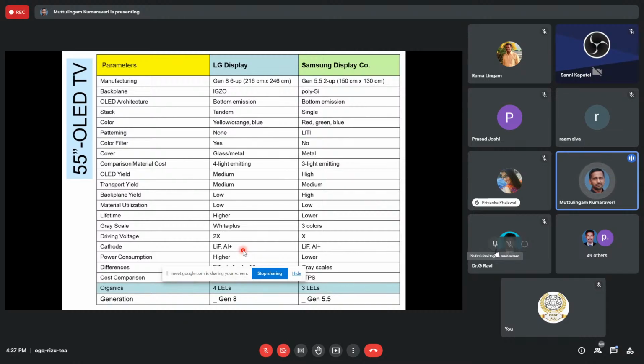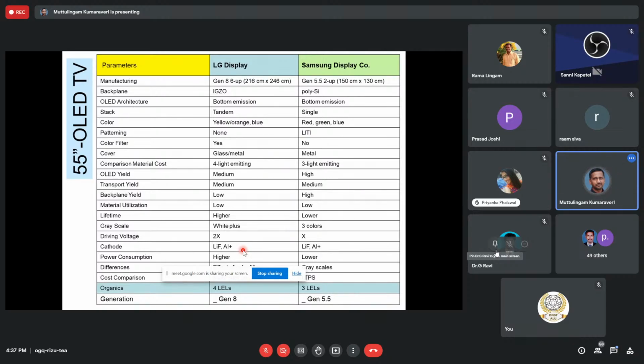They are using different backplane architecture. LG uses indium gallium zinc oxide thin film transistors, while Samsung uses polysilicon. These transistors are different, and I'm going to talk about them in my next slot on Thursday.